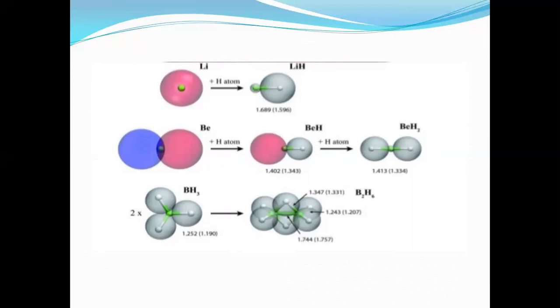Boron hydride, 1252 into 1190, reacts with trimethyl diborane, 1744 into 1757.